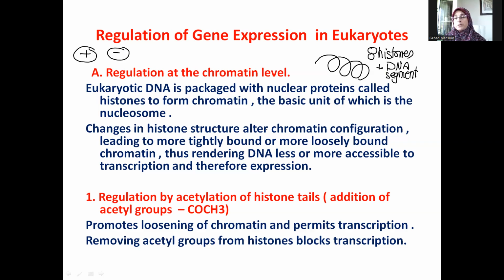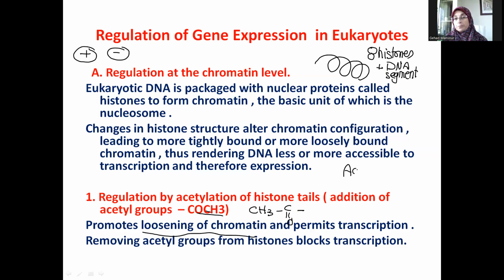One of the major ways we can regulate gene expression at the level of chromatin is acetylation of the histone tails, or addition of the acetyl group. So here, this is actually CH3, C double bond O, and this is an acetyl group. When you add an acetyl group to histones, you loosen the chromatin and therefore you permit transcription.